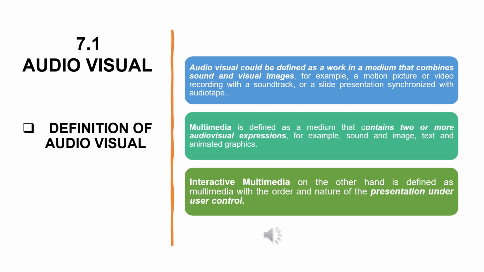Second, we look at the definition of multimedia. Multimedia is defined as a medium that contains two or more audiovisual expressions, for example, sound and image, text and animated graphics.